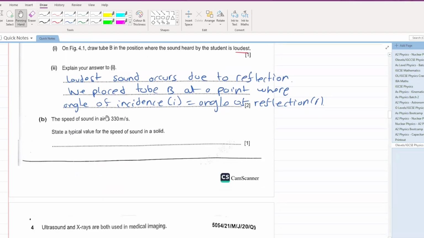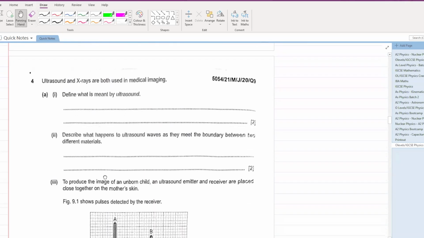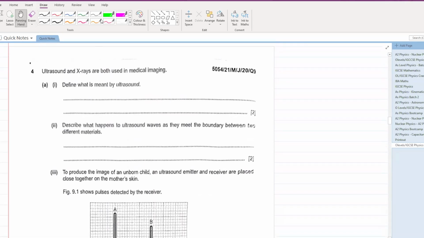The speed of sound is this. State a typical value for the speed of sound in solids. So, as far as I am concerned, I like to write 2500 m/s as my typical value of sound in solid. State what is meant by ultrasound.